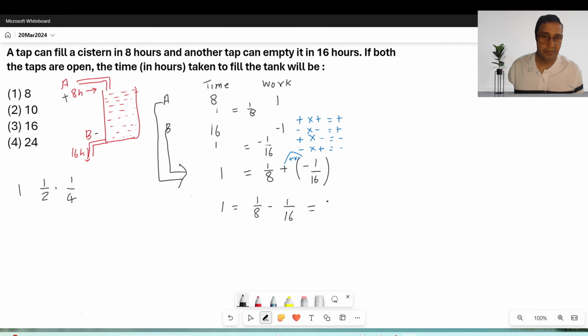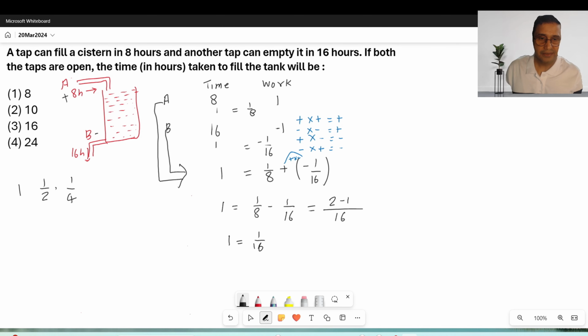In this case, 16 will be the LCM. 8 twos are 16 and 16 ones are 16. So work done in 1 hour will be 1 by 16. Hope everything is clear so far, right?